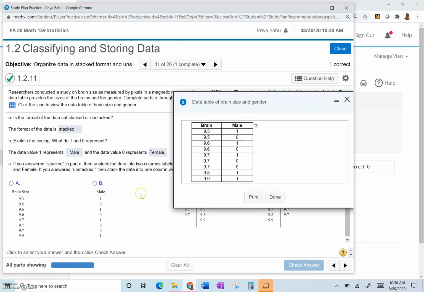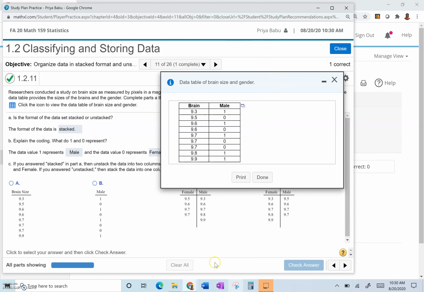The third question is, because we answered stacked here, we need to unstack the data set. So unstacking means the numerical data, which is the brain size, is split into categories of the categorical variable.